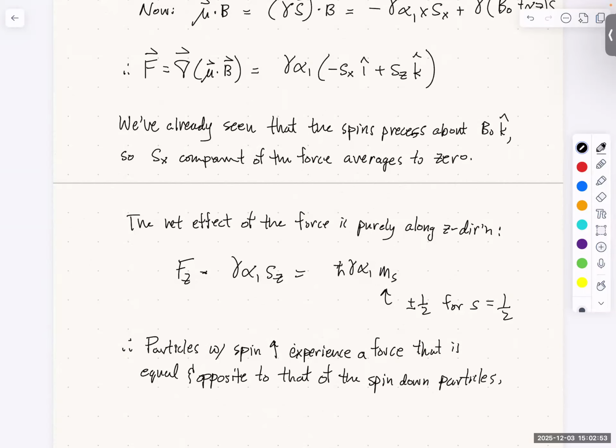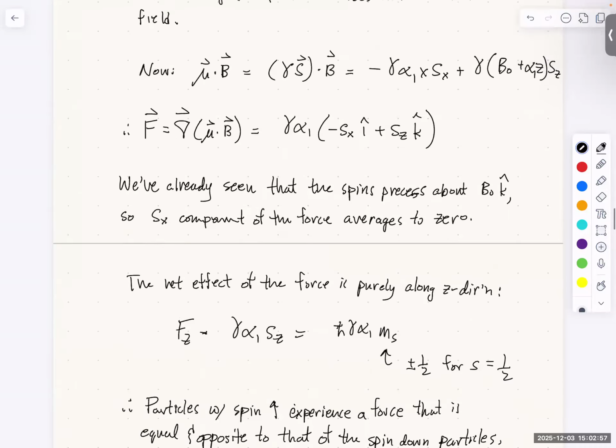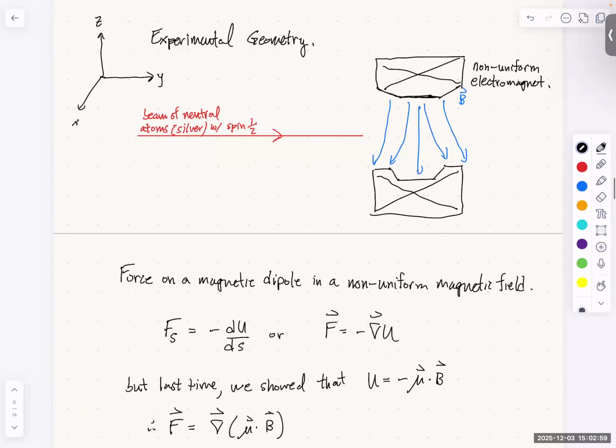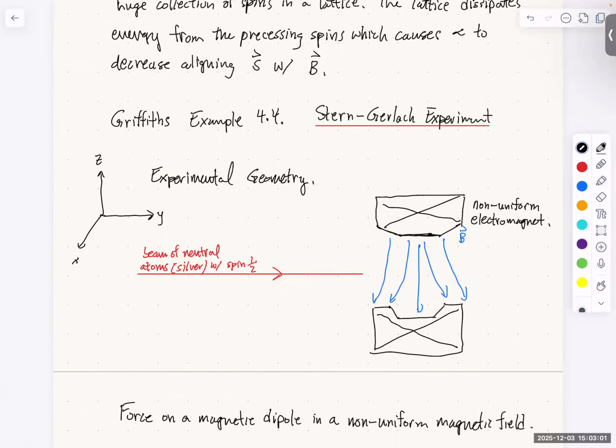Okay, so what I want to do is look at this drawing again. Let's imagine that our spin 1/2 particles enter this field. They start seeing a non-uniform field. The gradient has non-zero factors.